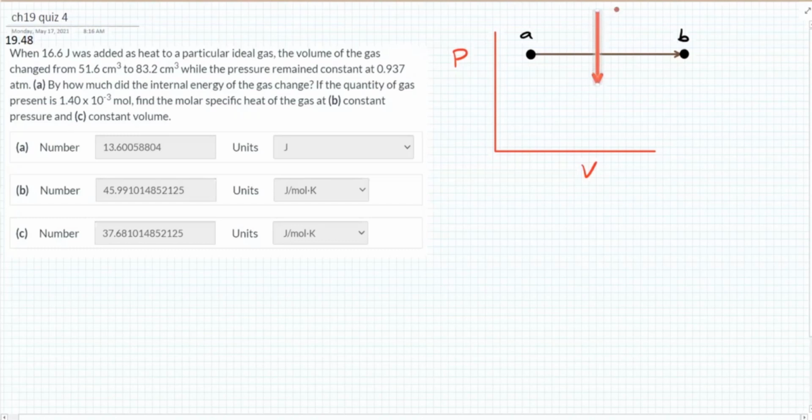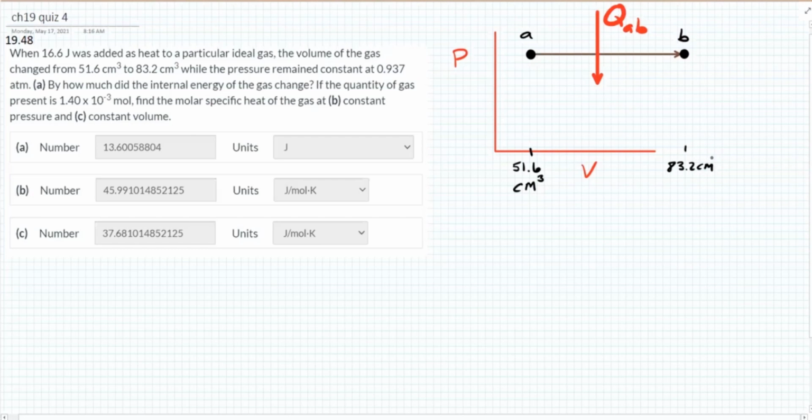I know heat has to be added to the system from A to B. The volume of the gas changes from 51.6 cubic centimeters, and my knee-jerk reaction is to convert to cubic meters. And then it ends up over here at 83.2 cubic centimeters.